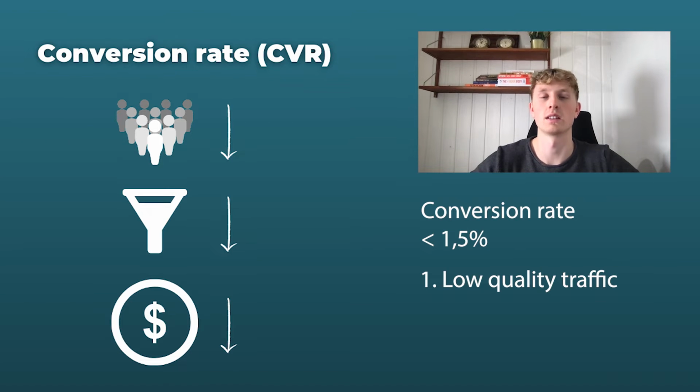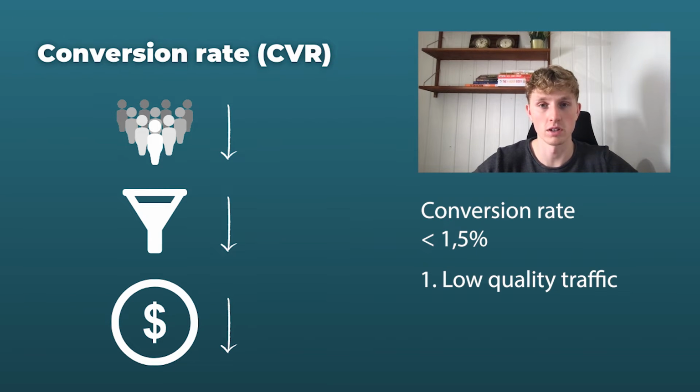So let's give an example. Let's say you run an ad for something that solves a problem, and in the ad it looks amazing and they think that this is their solution, and then they click on the ad and come to your website or your product page, and then they see that this is not actually what they were after. So that could be one reason.